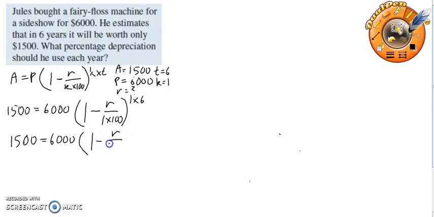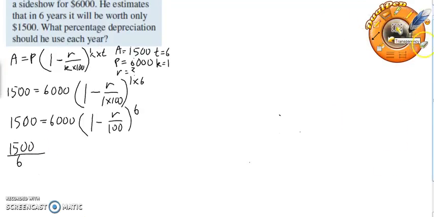And I'm hoping that some of you are already seeing how we start solving this. So I'm just simplifying things down a little bit now. So the first thing we need to do is get rid of that 6,000. So it's multiply, we divide. So we have 1,500 over, well, I wrote 15,000. That's wrong. It's 1,500 over 6,000, which should end up being 0.25, I believe.